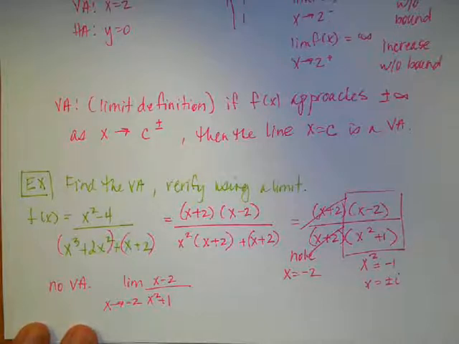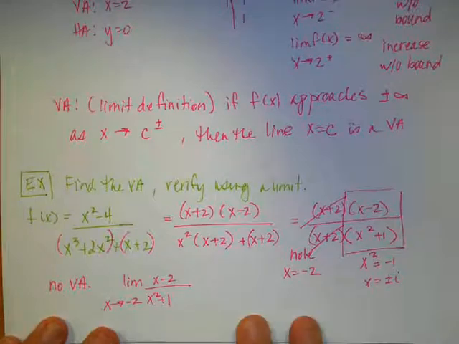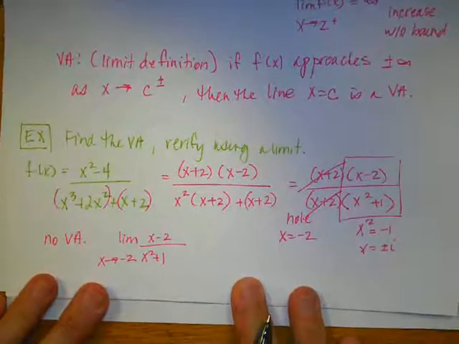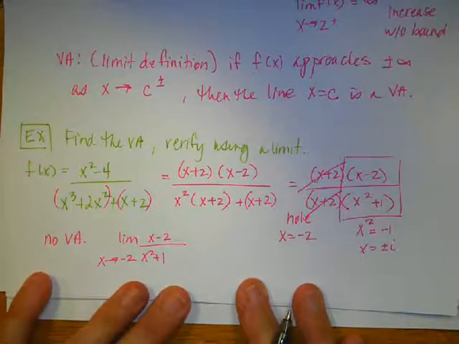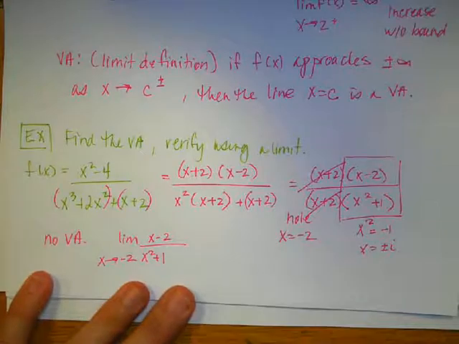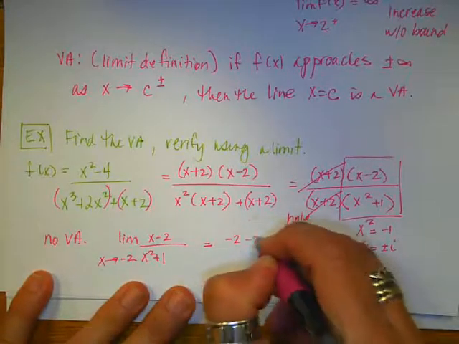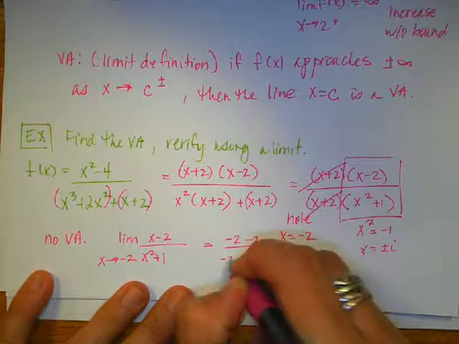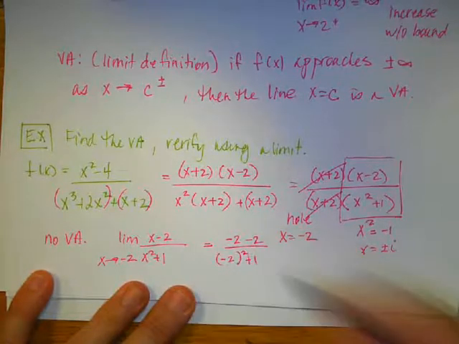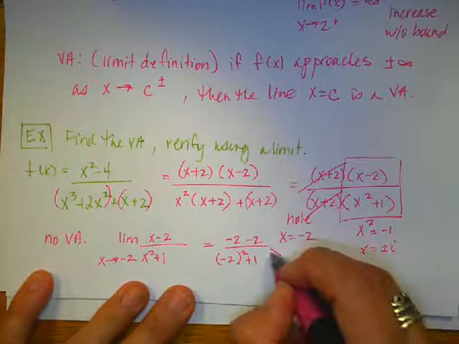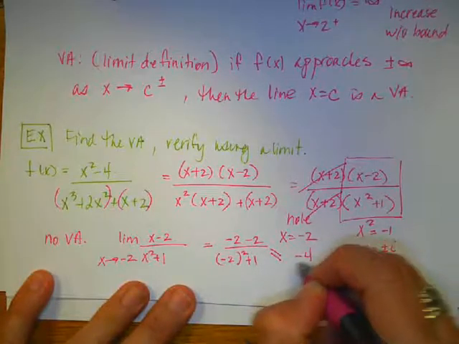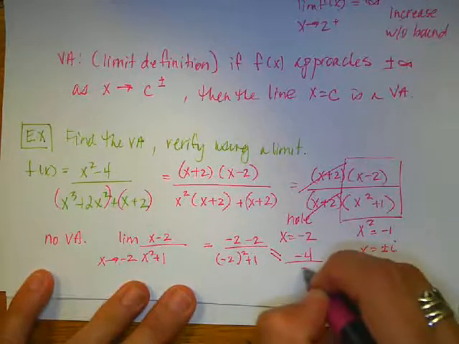If I get a value, then I know that I have removable discontinuity. So if I do direct substitution, I'm going to get a negative 2 minus 2 over a negative 2 squared plus 1. So I'm going to get a negative 4 over 4 plus 1, which is 5. I got a specific value, which confirms that I have removable discontinuity.